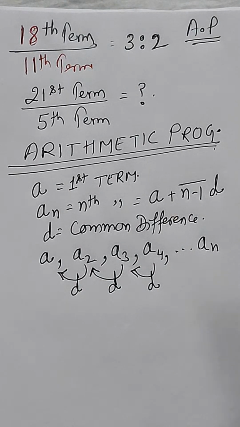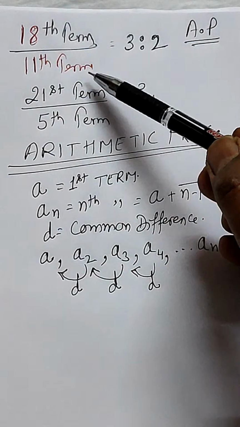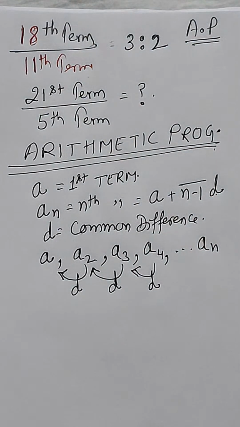Here in this question, it's given that the ratio of the 18th term and 11th term is 3 to 2, right?